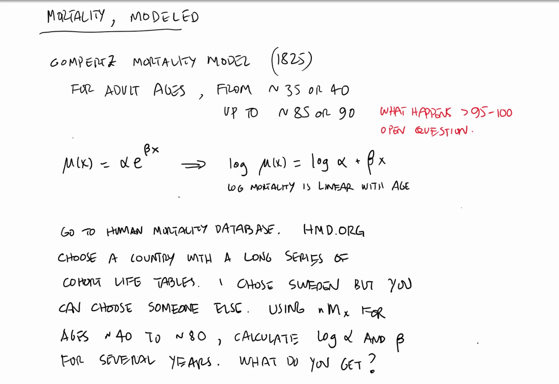Then you download life tables for each decade or whatever interval you're interested in. Using the nMx, the mortality rates from those life tables for ages 35 to 40 up to 80, 85, you can calculate what the log alpha and beta would be for several life tables.